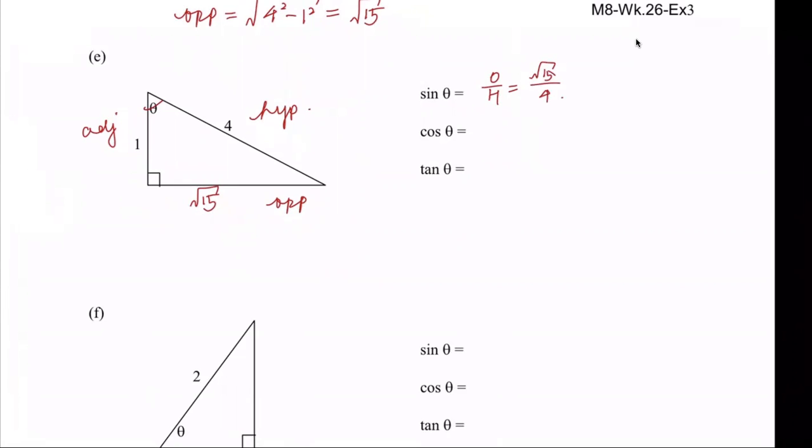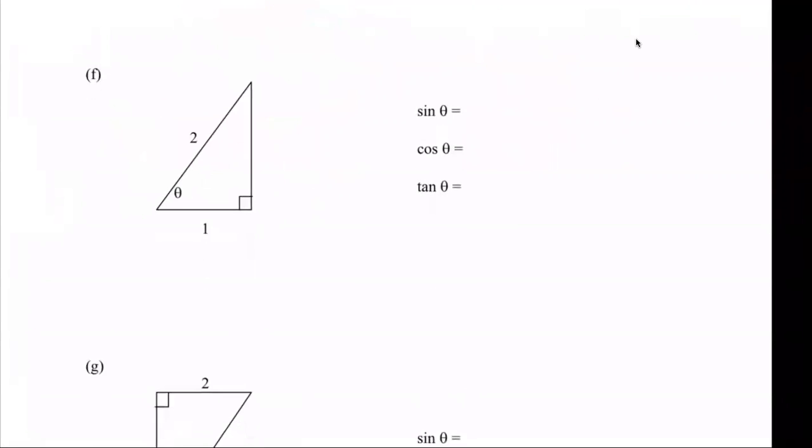Cos theta is equal to A over H, which is 1 over 4. Tangent theta is equal to O over A, which is square root of 15 over 1, which is square root of 15. That's part E.